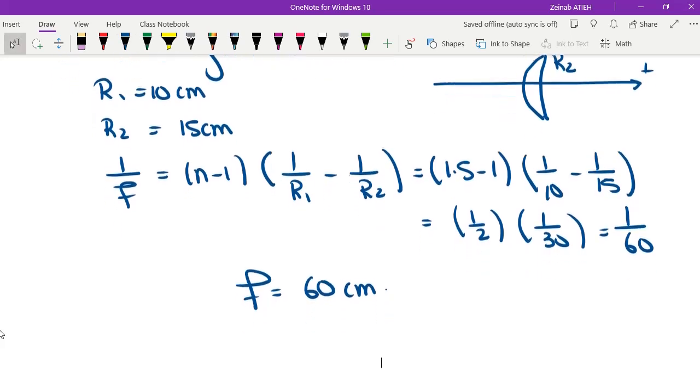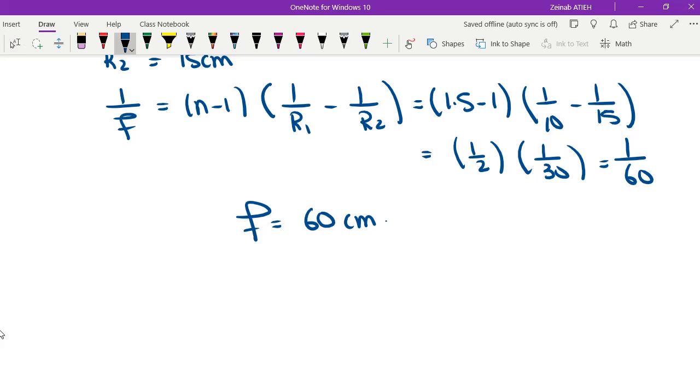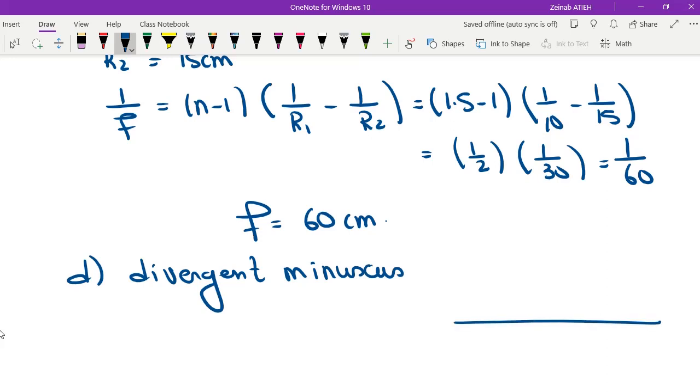Now the last part, which is part D. It is the divergent meniscus. So it looks like this. This is plus. This is R1, and this is R2.